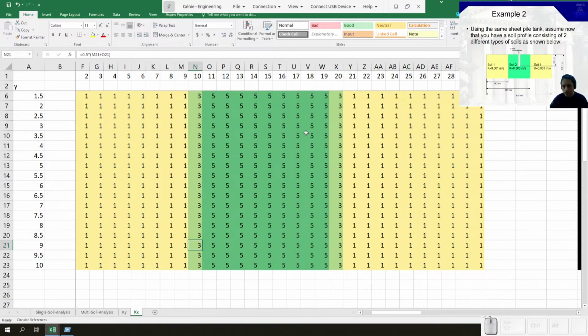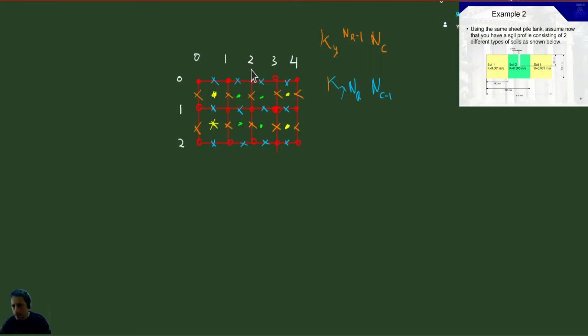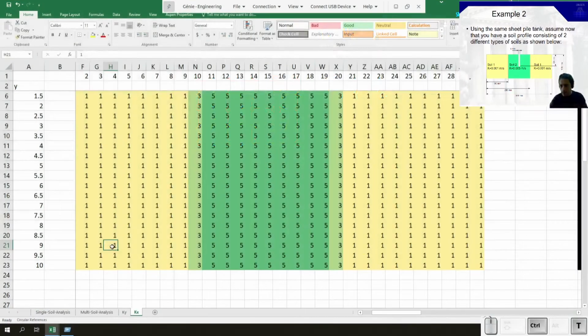Okay, and the reason for that is as we represented in this view here, where we had one less because we do the average of the neighbors in one direction specifically. So we have to keep that in mind when we're doing the multi-soil analysis in that case.